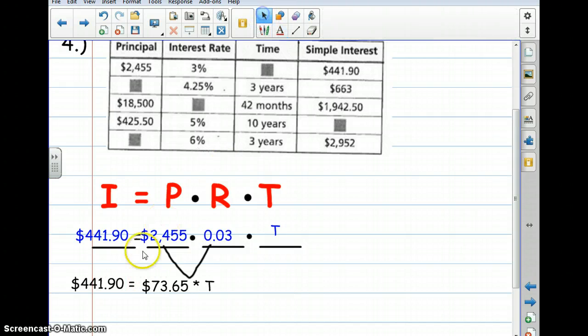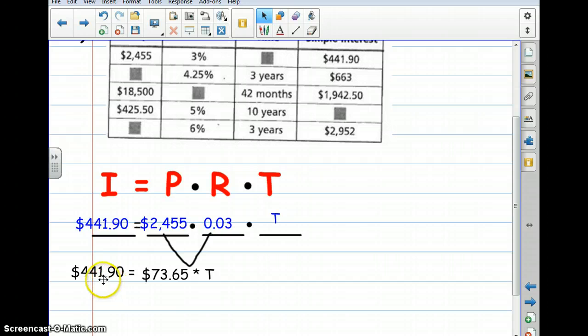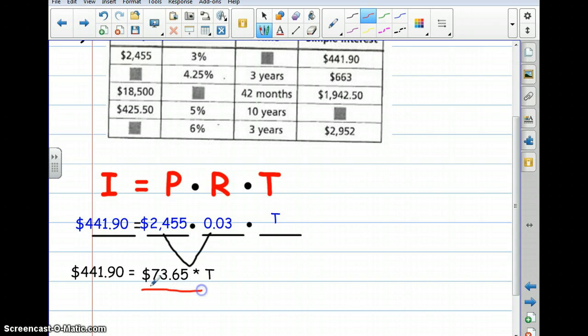Okay, again, we know that $73.65 times some amount of time gives us $441.90. And since it's multiplying by a number that we don't know, we have to work backwards. The opposite operation to multiplication would be division. So I'm going to divide both sides by $73.65.